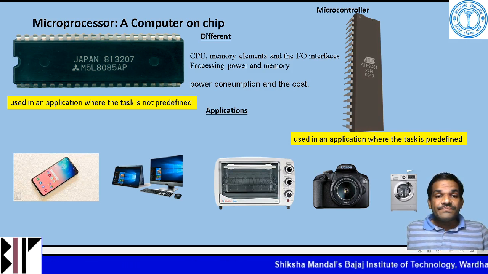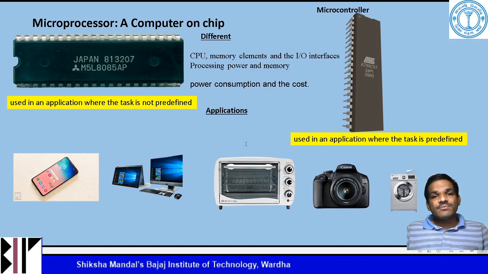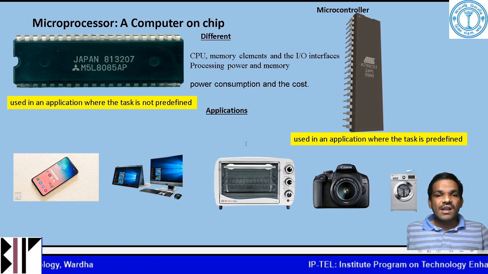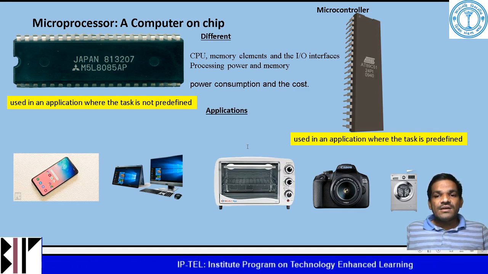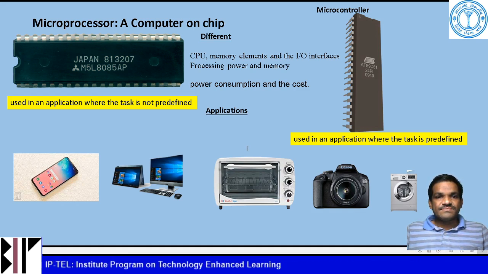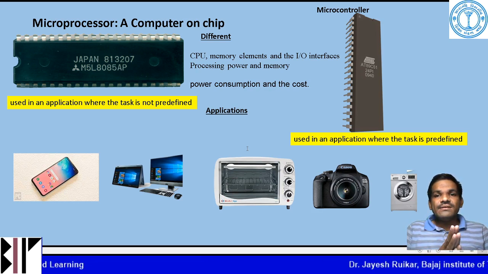But there are differences in many aspects. In a microprocessor system, memory elements like RAM, ROM, IO port, serial interface, and timers are all connected externally, while a microcontroller is used for a specific task, so the amount of memory and IO ports required is limited.